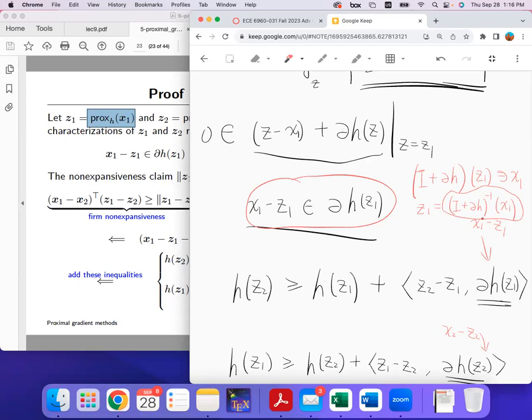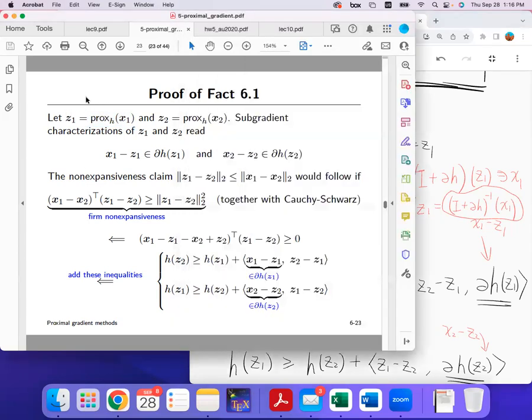This nonlinear operator may not be invertible directly, but once I add this identity, it could be inverted. And it turns out that the inverse of this operator can be written in such a nice proximal form.